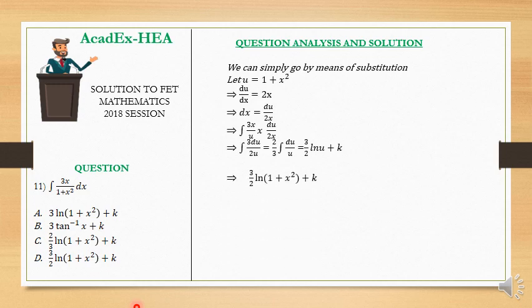But our u was 1 plus x squared, so we fit it in: 3 over 2 ln of 1 plus x squared, then plus k, the constant of integration. Now our answer is in option D. Option D has the correct answer.